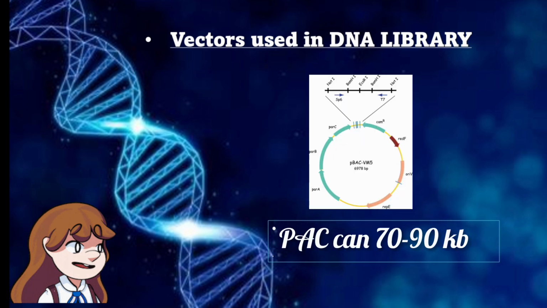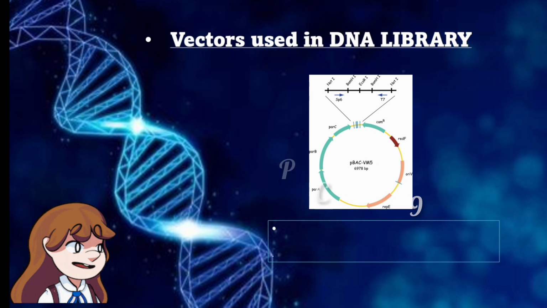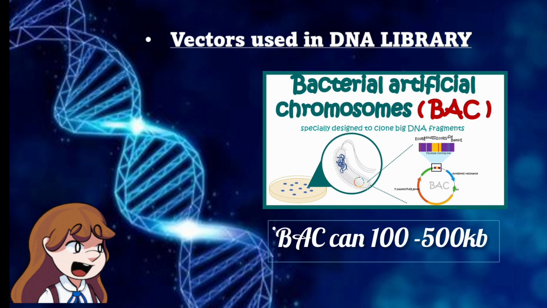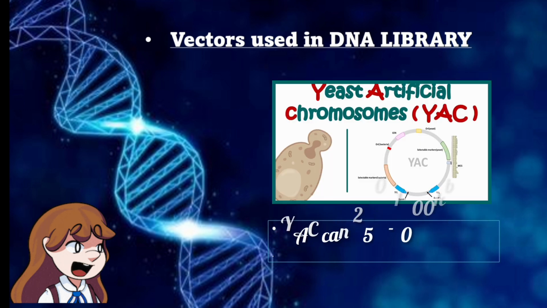The PAC can accommodate 70 to 100 kb long DNAs, and a BAC can carry 100 to 500 kb long DNA fragments, and the last, YAC, can accommodate 250 to 1000 kb long DNA fragments.